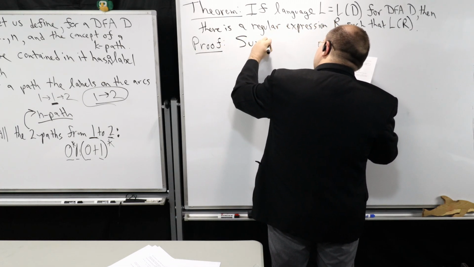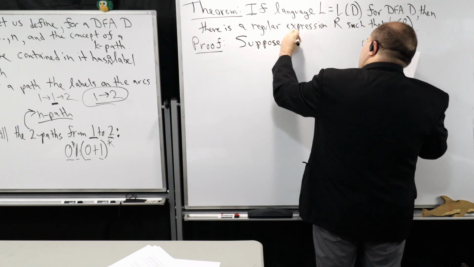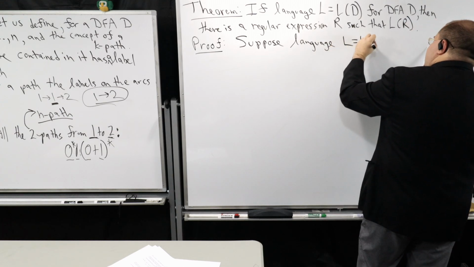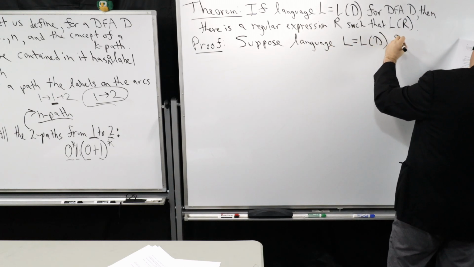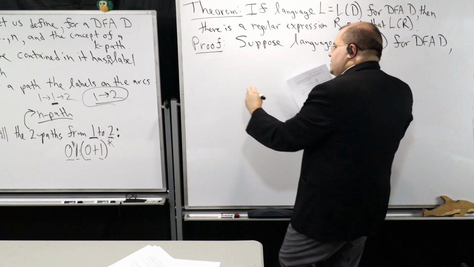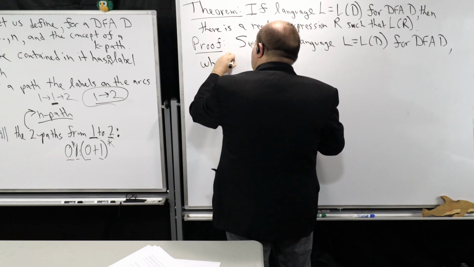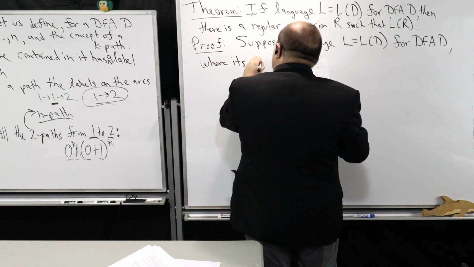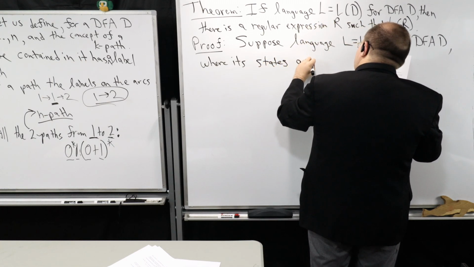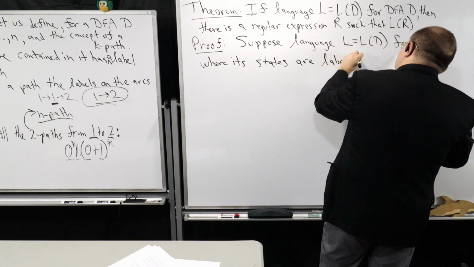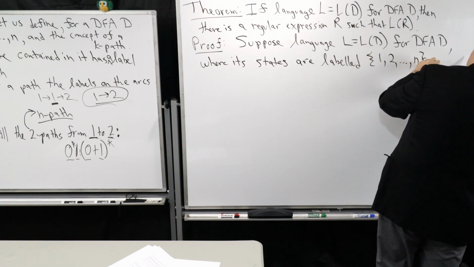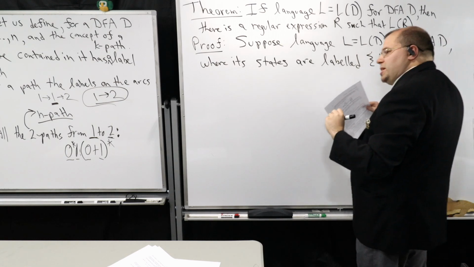So suppose language L equals L of D for DFA D, where its states are labeled 1, 2, all the way up to n. So these are going to be my new labels for the states, 1 through n.